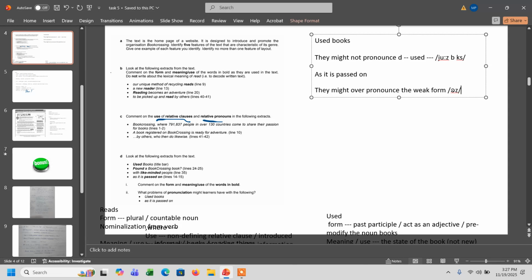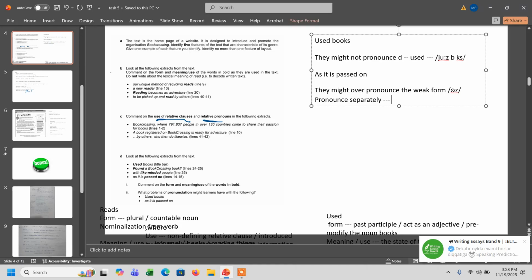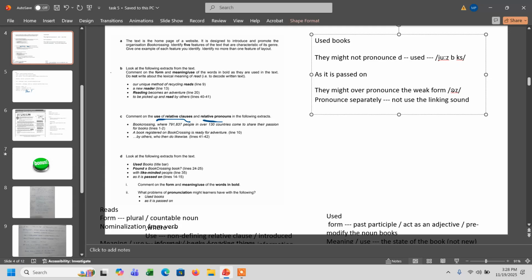And also passed on. Maybe they might pronounce separately, not use the linking sound, because as it is, it should be S. Oh wait, as it is, okay, as it is.